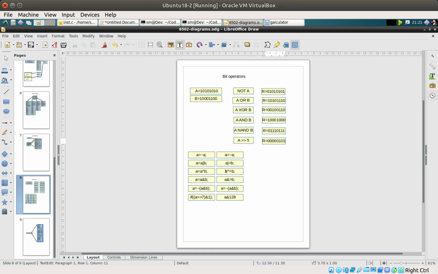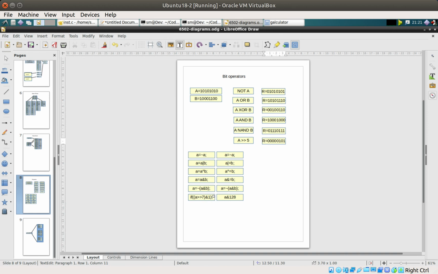The little hat symbol there is the exclusive OR. This is the AND. This one is how we described it before, the not AND. The parentheses make the A and B a higher priority, so A and B gets done first, followed by the not. That will give you your NAND function.